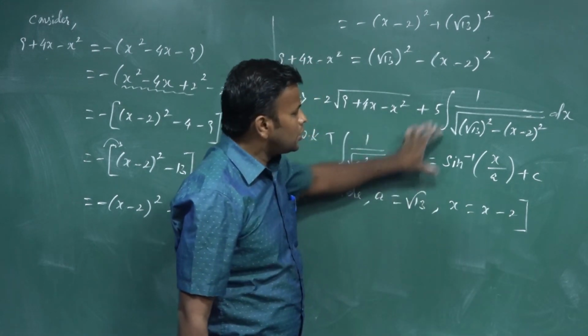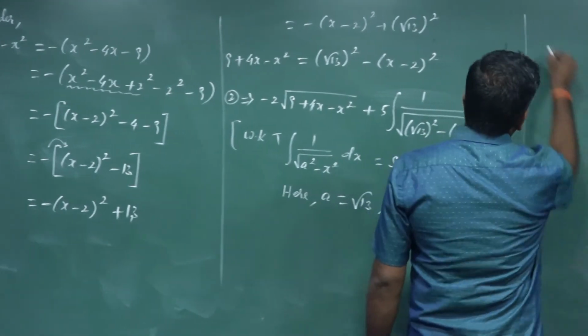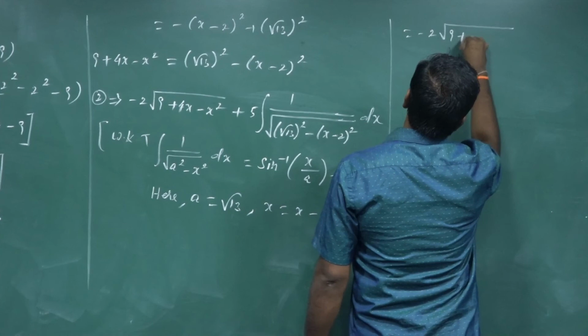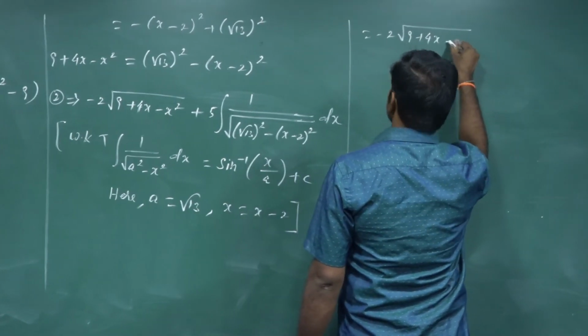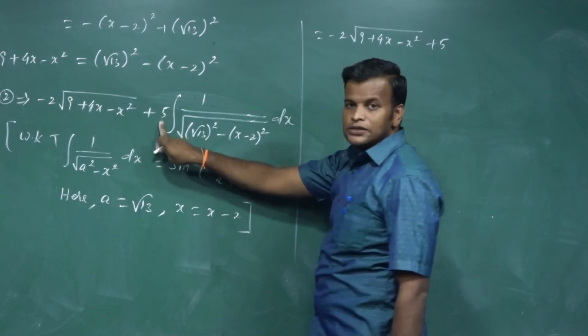Now use this formula in this step. The first step is no change: minus 2 square root of 9 plus 4x minus x square, plus outside 5 is there.